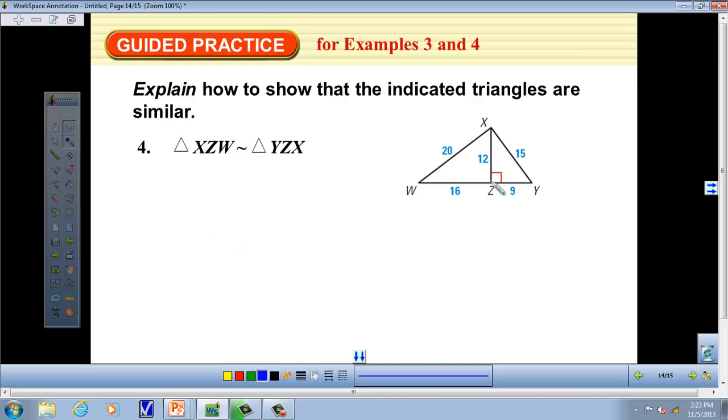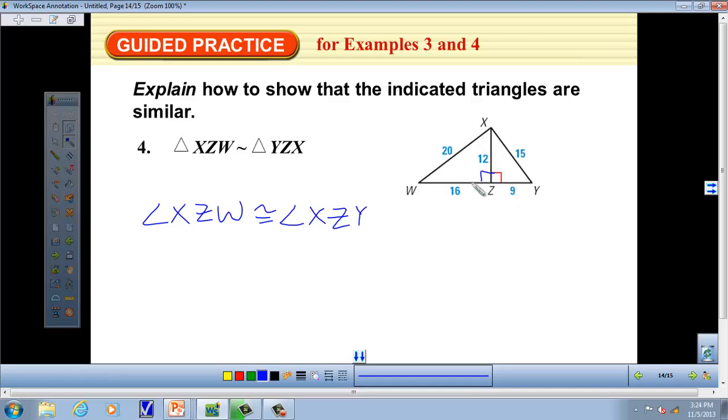Let's see. So we've got this triangle here. We've got that triangle there. We know that there are right angles there. So we can say that angle XZW is congruent to angle XZY. Okay, and then we just need this side, and then that side and that side.